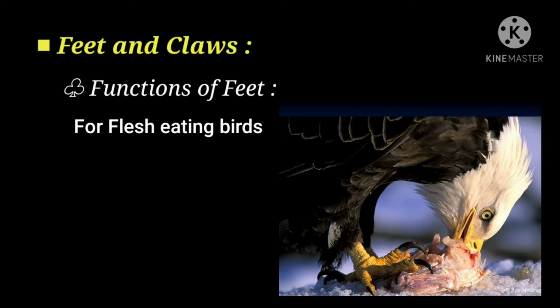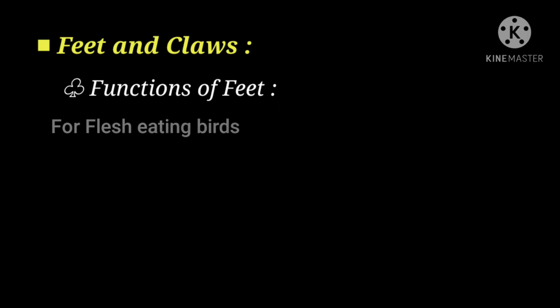In the picture, you can see the sharp pointed claws on the legs of these birds. This type of strong sharp claws are called talons. This type of leg helps them to hold the prey between their talons while they are flying.